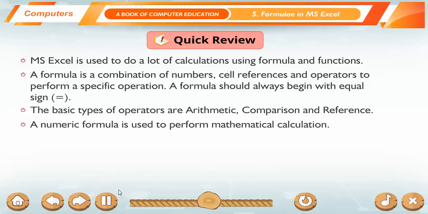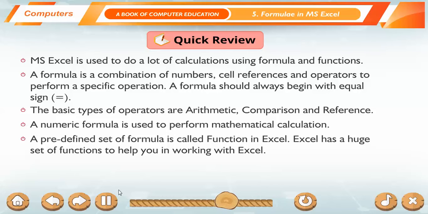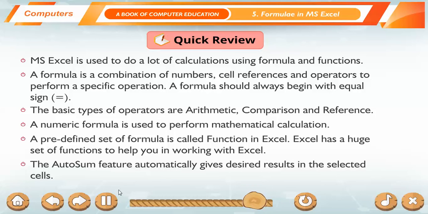A numeric formula is used to perform mathematical calculation. A predefined set of formula is called function in Excel. Excel has a huge set of functions to help you in working with Excel. The AutoSum feature automatically gives desired results in the selected cells.